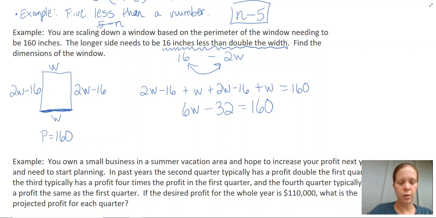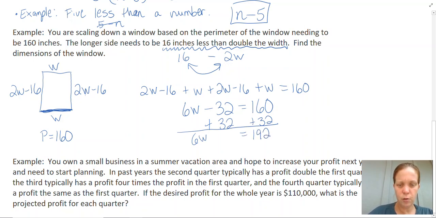So we'll add 32 to both sides. So 6W equals 192. Divide by 6 on both sides. And I'm going to get 32. 32 inches.